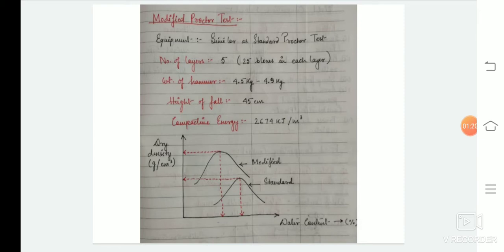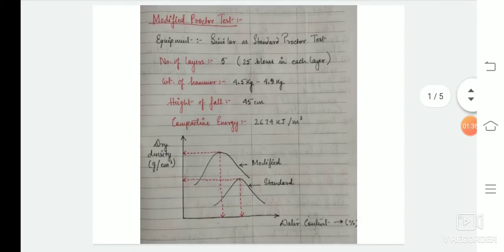Each layer is given 25 blows using a 4.5 kg rammer as per the American Association of State Highway Officials, but in the case of the Indian standard, it is recommended to use a hammer of 4.9 kg, which is dropped through a height of 45 centimeter.